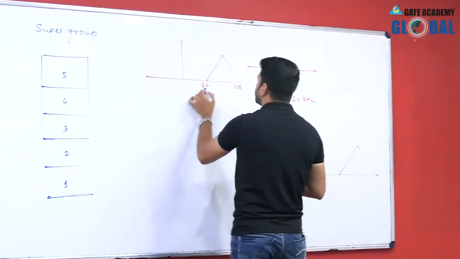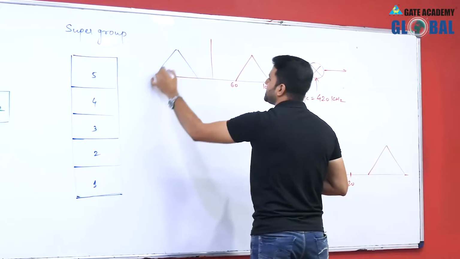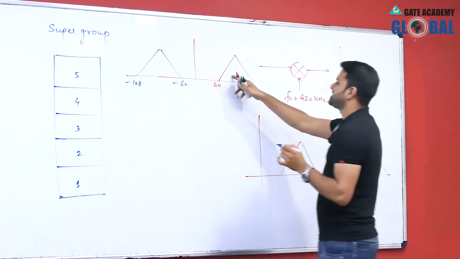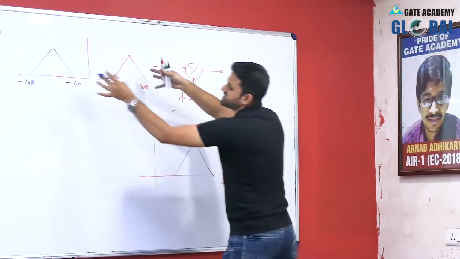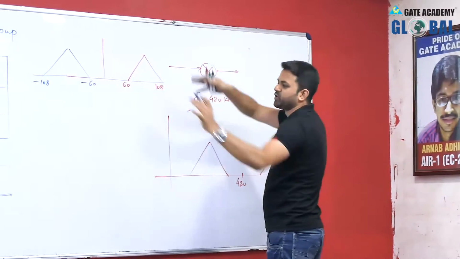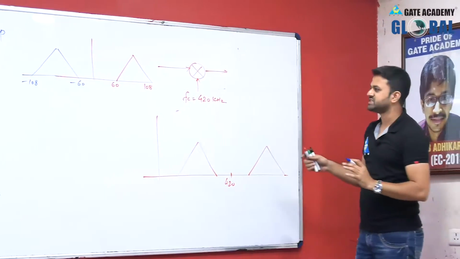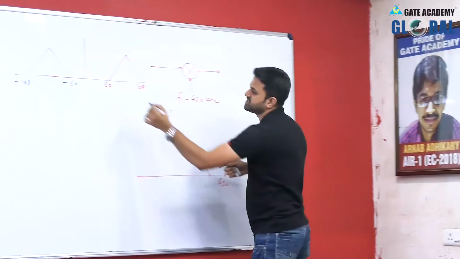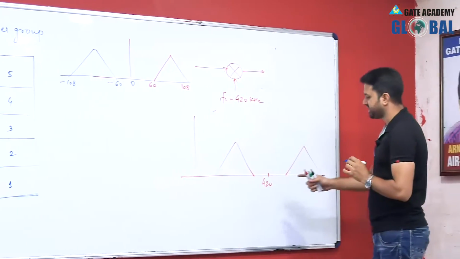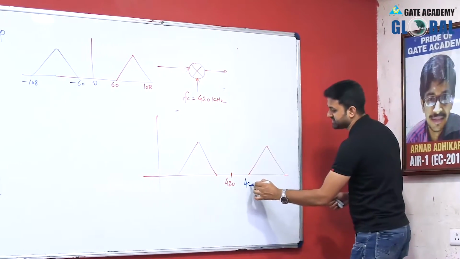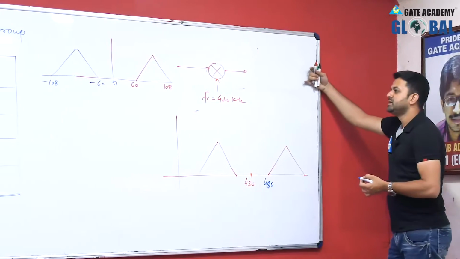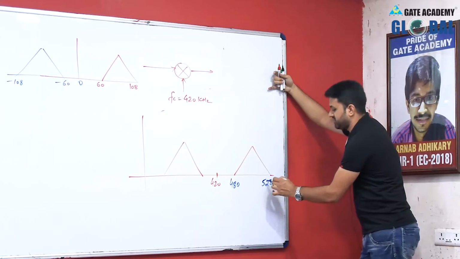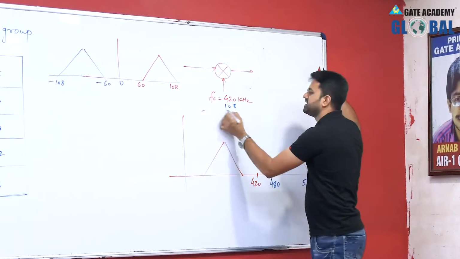Because if this is the range 60 to 108, there will be a mirror image from minus 60 to minus 108, and when this modulates this carrier, this spectrum will shift to 420 and minus 420. We require only the positive frequency, so we draw here only positive frequency, and the 0 is shifted to 420. So this is 420 plus 60, which is 480, and 420 plus 108, this is 528.